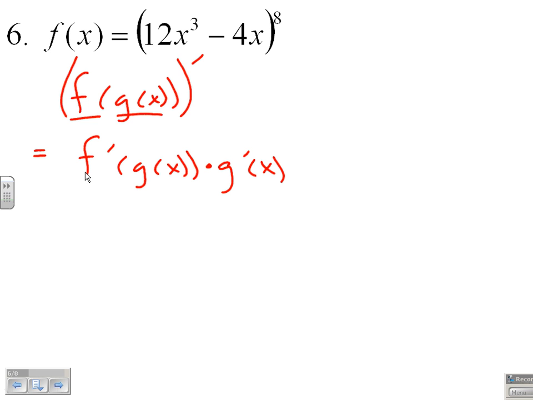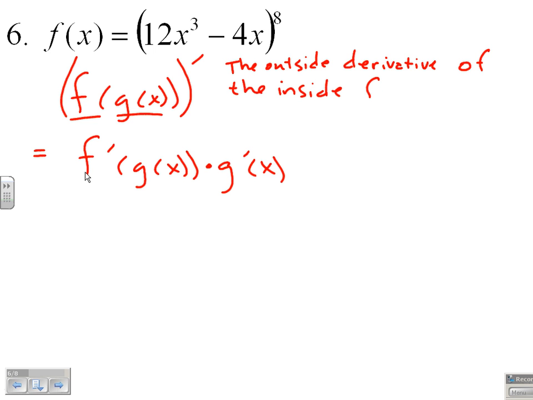So that's worth having written down. The outside derivative, so I'm going to write it pretty small here. We want the outside derivative of the inside function times the inside derivative.